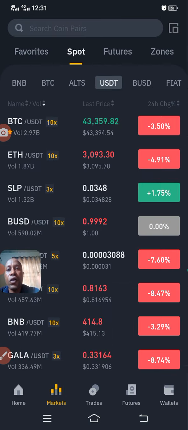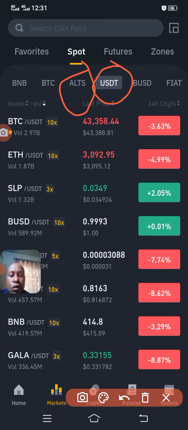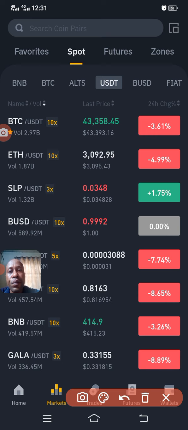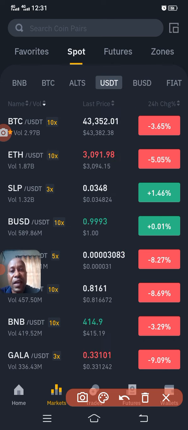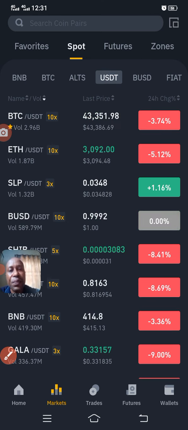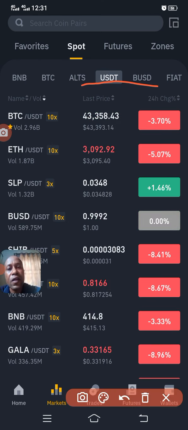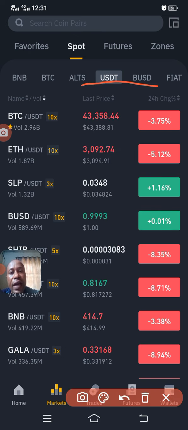So moving forward, we have BUSD, Binance USD. If you have Binance USD, you can actually trade on that market. We also have Fiat. Fiat actually represents the currency of nations, like the dollar.